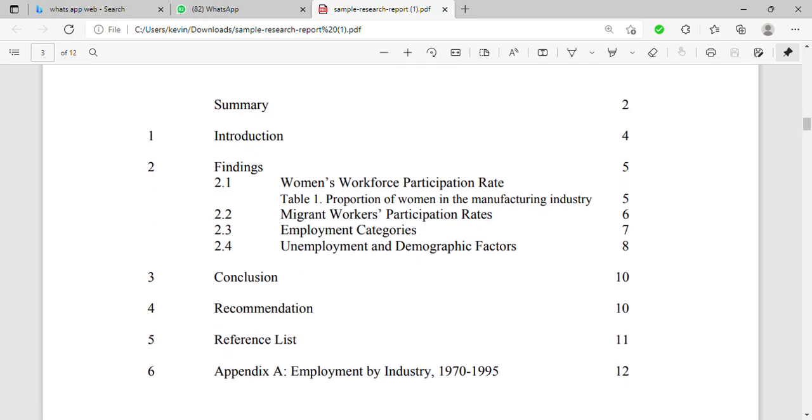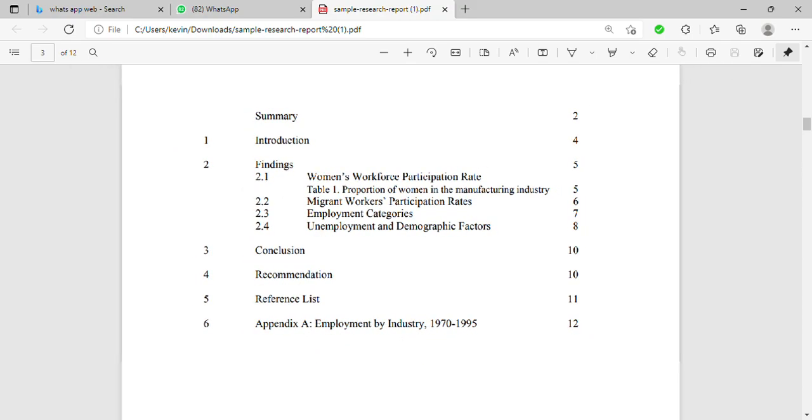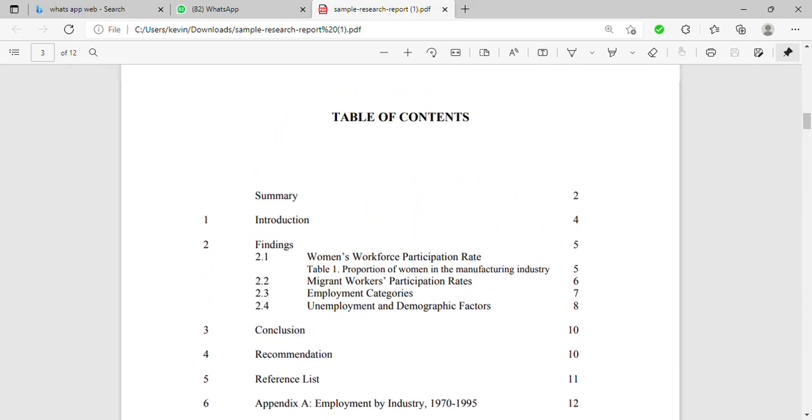Then the conclusion is on page 10. Recommendation is on page 10 also. Reference list, it's on page 11. Then appendix, employment by industry 1970, is on page 12. So this is the table of contents. It shows the chapters and sub-chapters of the research report.